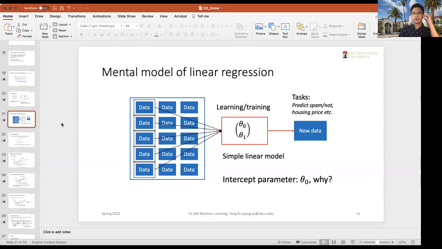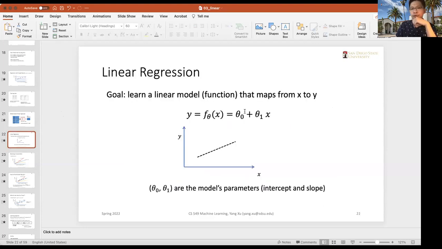In a simple linear regression, when we have only one feature, we will use theta 0 and theta 1 as a model. So our equation looks like theta 0 plus theta 1 times x. And actually, there is an implicit number, which is 1 over here, right? So the actual function is y equals theta 0 times 1 plus theta 1 times x, right?